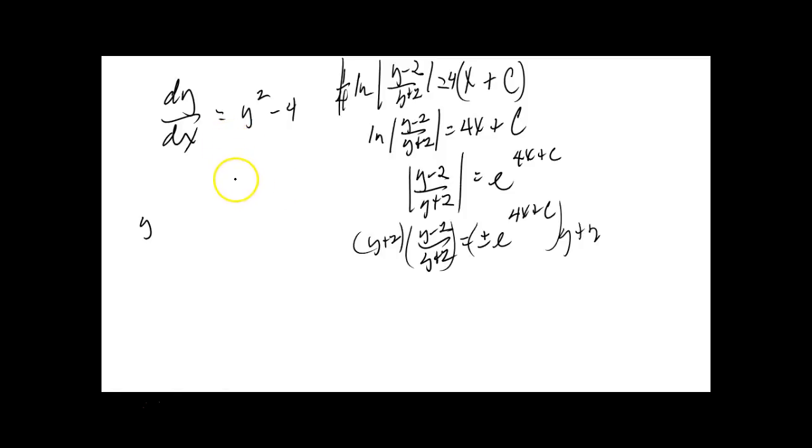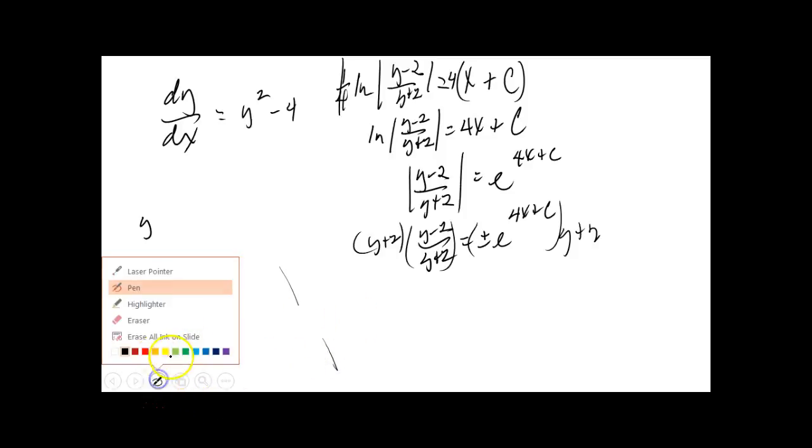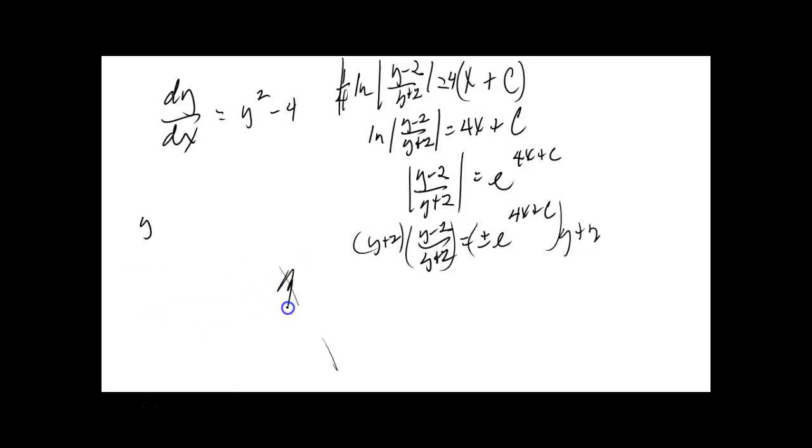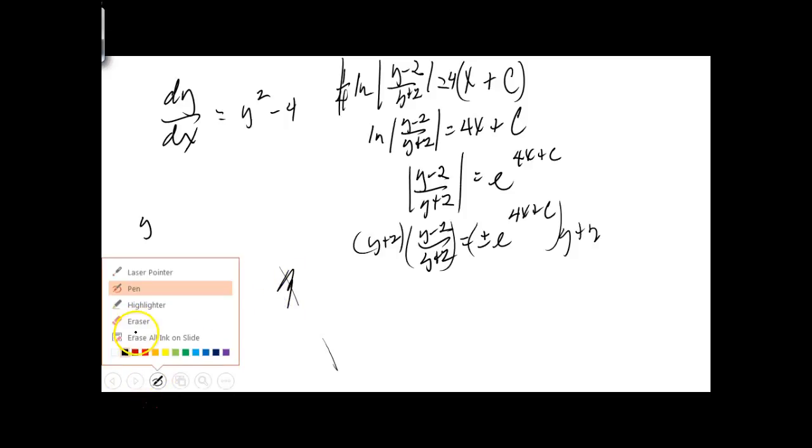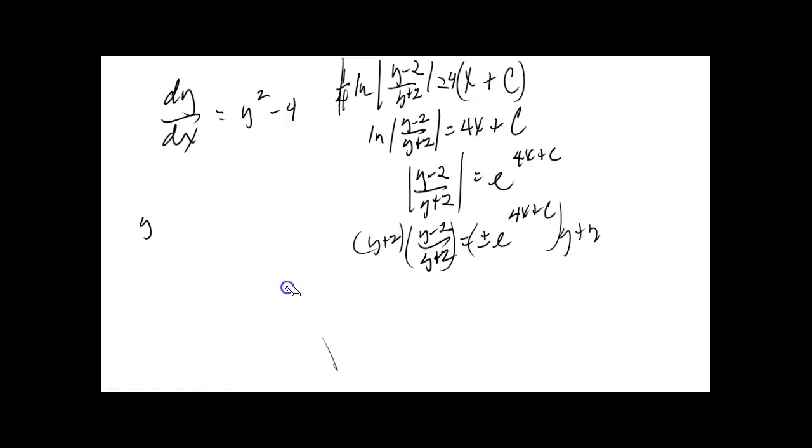Let's multiply both sides of this equation by y plus 2. Sometimes the eraser picks up and sometimes it doesn't. Multiply both sides of the equation by y plus 2.